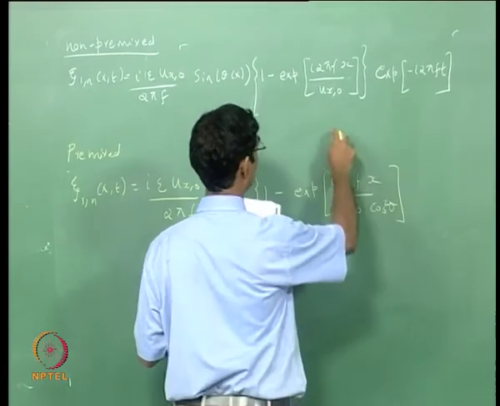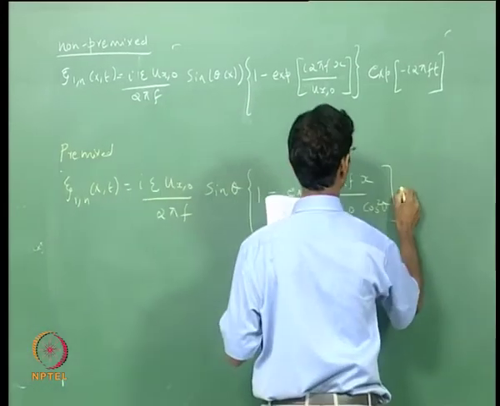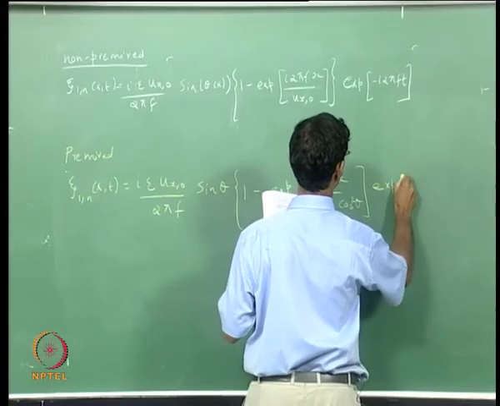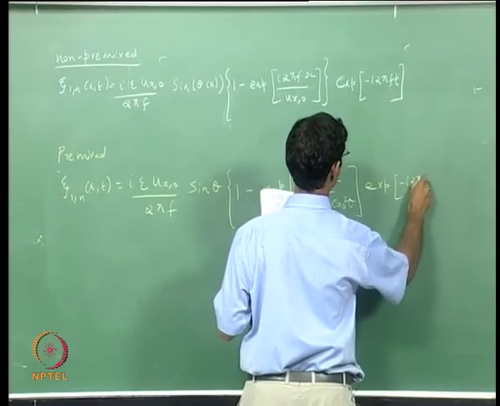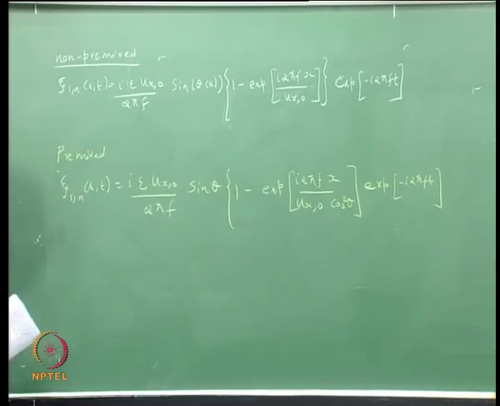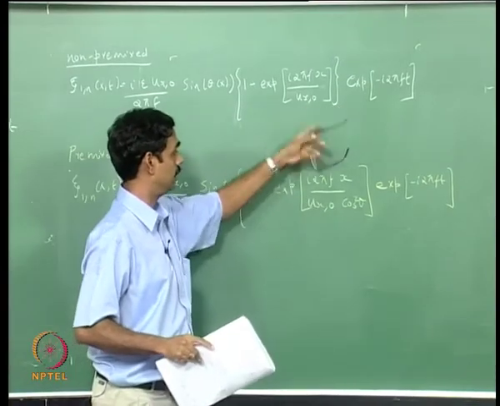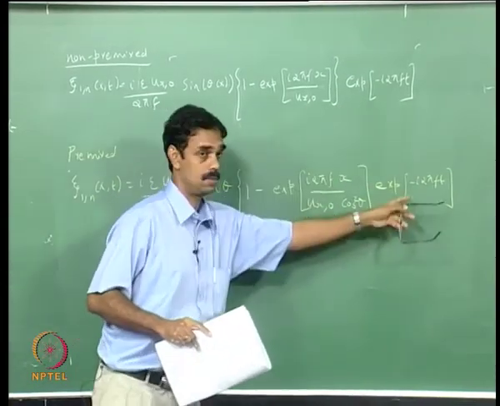You will find another difference here: there is a cos squared theta sitting here times exp minus i 2 pi f t. You can see the similarities: this term is the same, this term is the same except the denominator is different, and this is also the same.